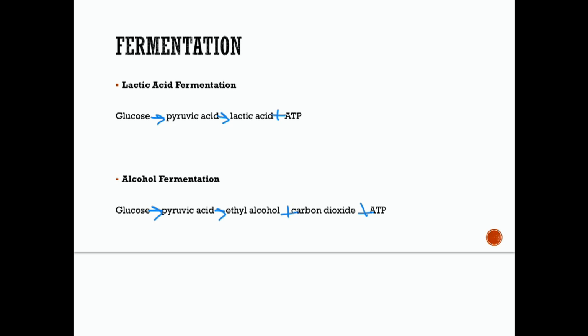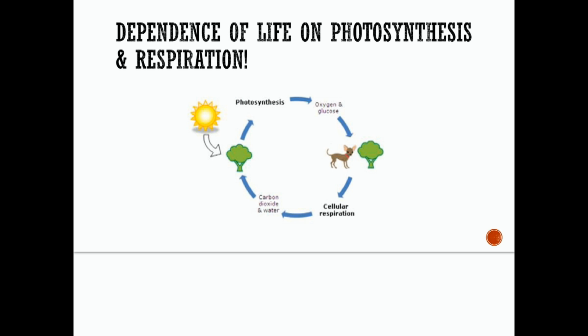So there you go. There's a dependence of life on photosynthesis and respiration. Energy is cycled through ecosystems by the process of photosynthesis and cellular respiration. Carbon is also cycled in the forms of carbon dioxide and glucose. Remember, carbon dioxide is CO2, there's your carbon, and glucose is C6H12O6, there's your carbon.